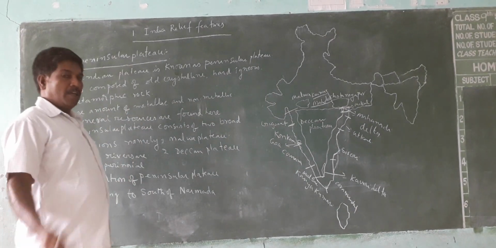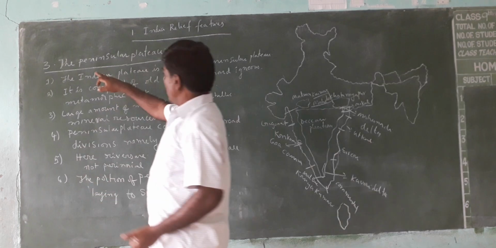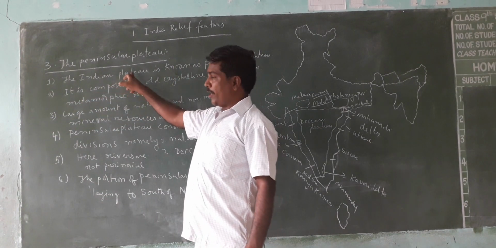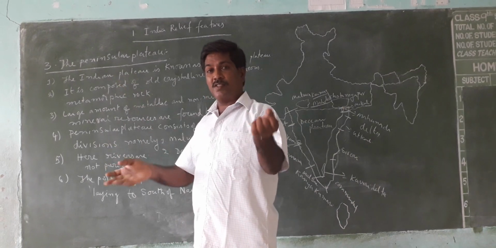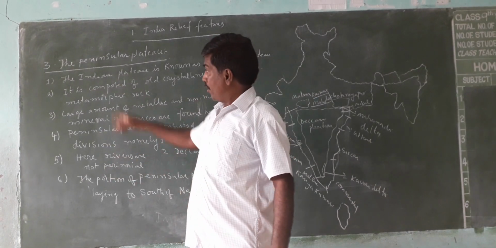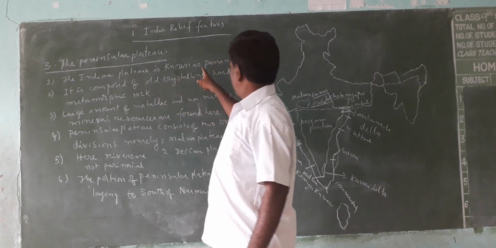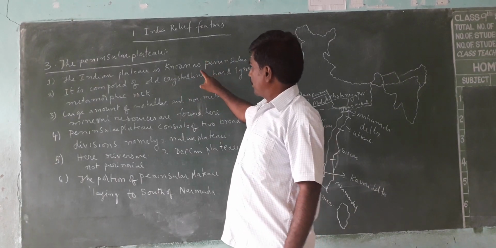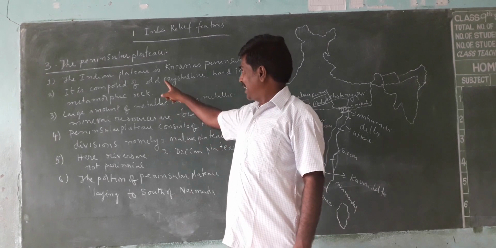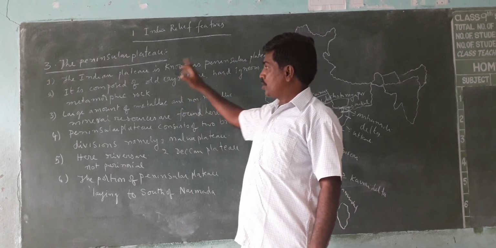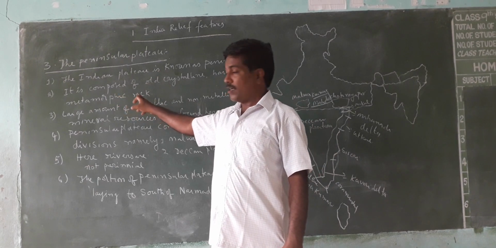Now see, all of you. The peninsular plateau is also known as the Indian plateau. It is composed of old crystalline, hard igneous rocks and metamorphic rocks.